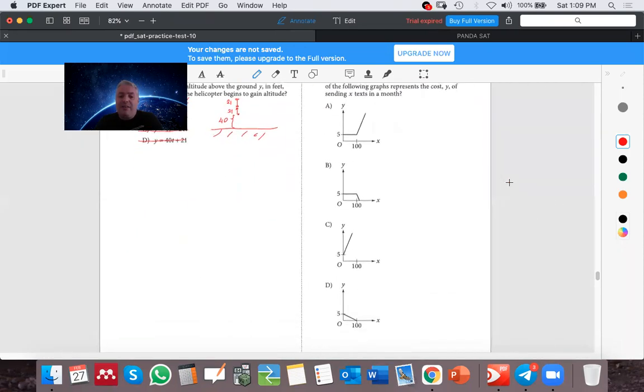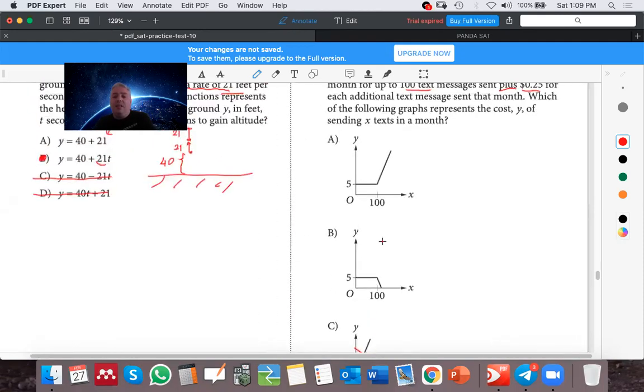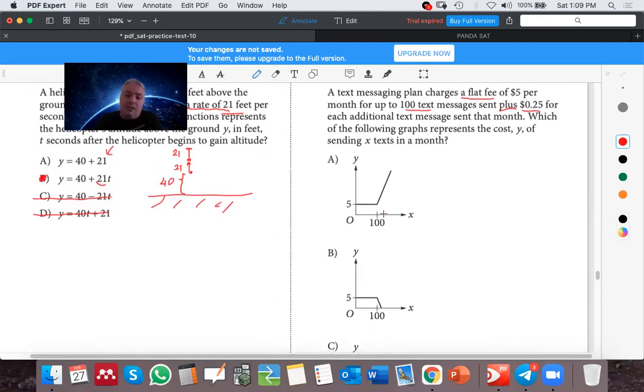It's clear. First of all, when I look at all the alternatives, up to 100 it must be stable. It must be horizontal. So first of all, this cannot be. This cannot be. So there are 2 alternatives. When I look at the 2 alternatives, after the 100 text messages, what's going on here in B, and what's going on here in A?